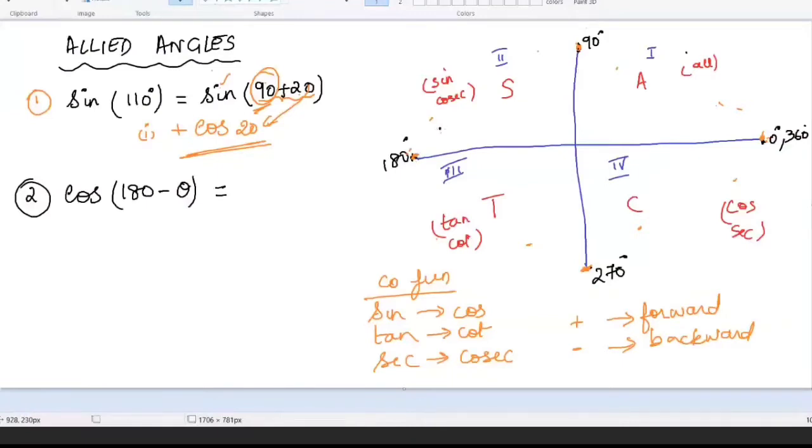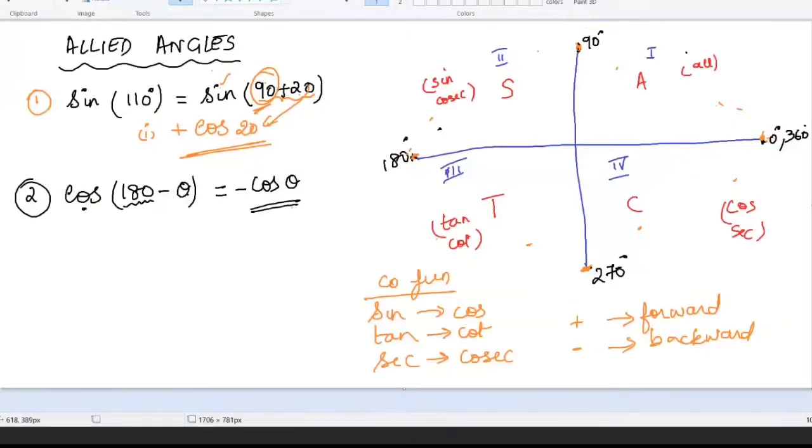So it's the second quadrant. In the second quadrant, is cos positive? No, it is negative. So I write minus. That is my first step. Second step, I check whether 180 lies on the standing line or sleeping line. Sleeping line. Should I change to cofunction? No. So write cos as it is, and then write this angle theta.